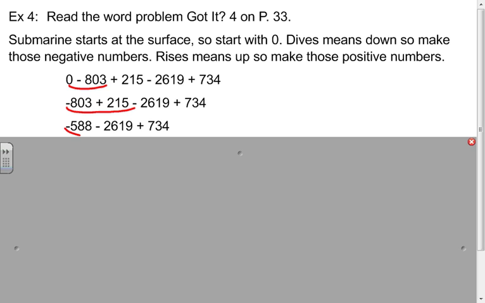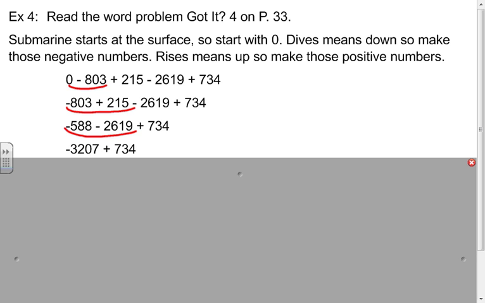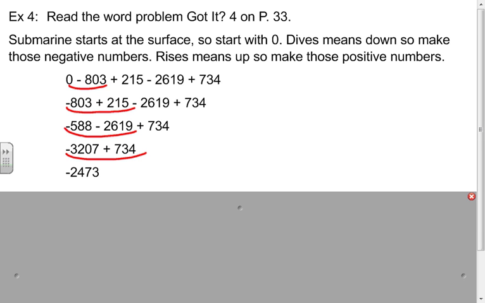Now we're going to put these two negatives together, and we get negative 3207. The last number stays the same. And now we're going to put those numbers together to get our final answer. Negative 2,473 feet. It's a word problem, so you need to have a unit. So it's negative 2,473 feet, and that's below the surface.